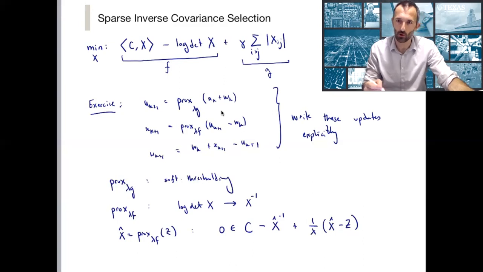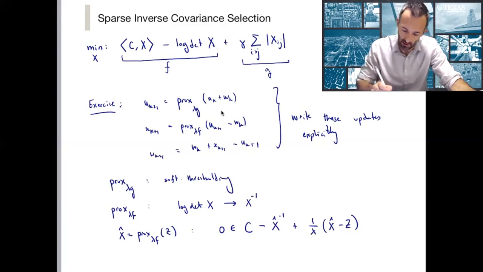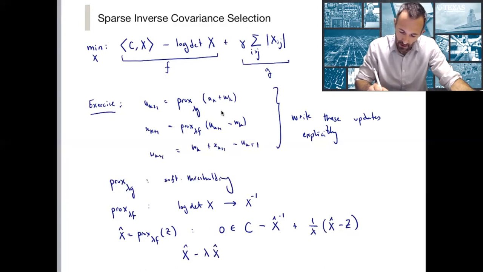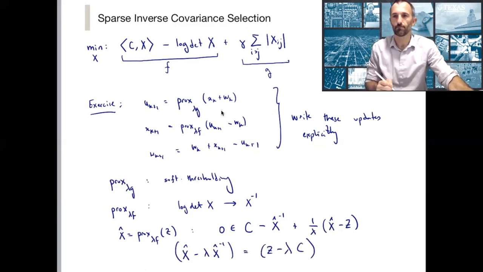So let me just take one more step, and then I'll leave it to you. Rearranging, it's not much help. This is the easy step. I get x hat minus lambda x hat inverse is equal to z minus lambda c.